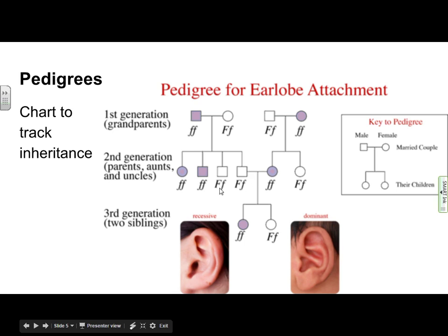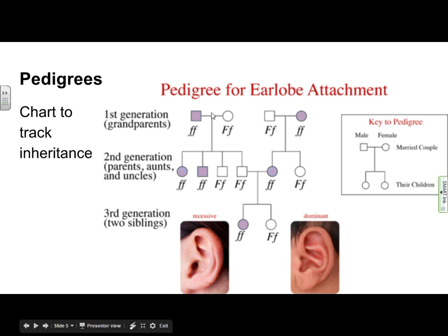Looking back at dad's side of the family, here's dad. Dad's got two brothers and a sister. One of dad's brothers has the detached dominant. One of dad's other brothers has attached earlobes, the recessive condition. And dad's only sister also has attached earlobes.